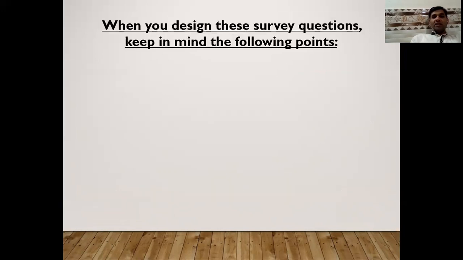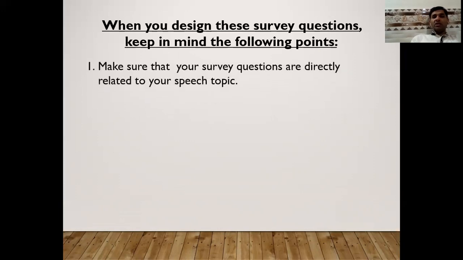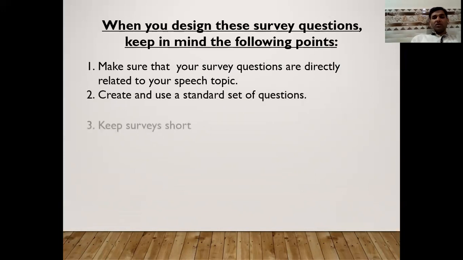So when designing your questions, keep in mind the following points. Make sure that your survey questions are directly related to your speech topic, your research topic, your area, your controversy analysis paper, your topic proposal. Create and use a standard set of questions.